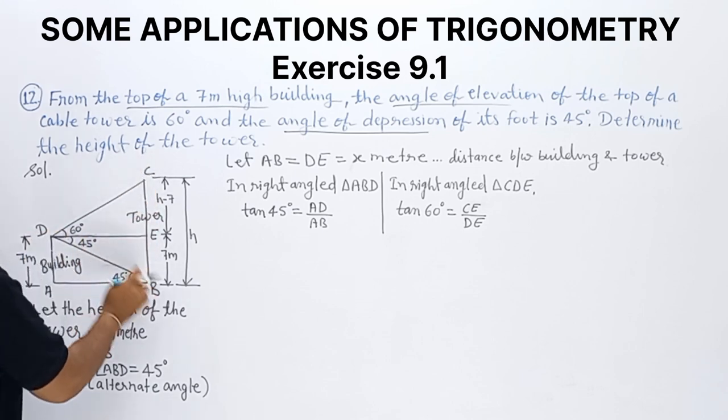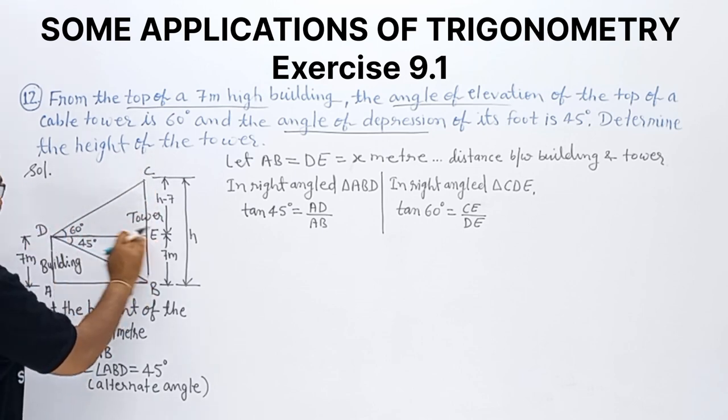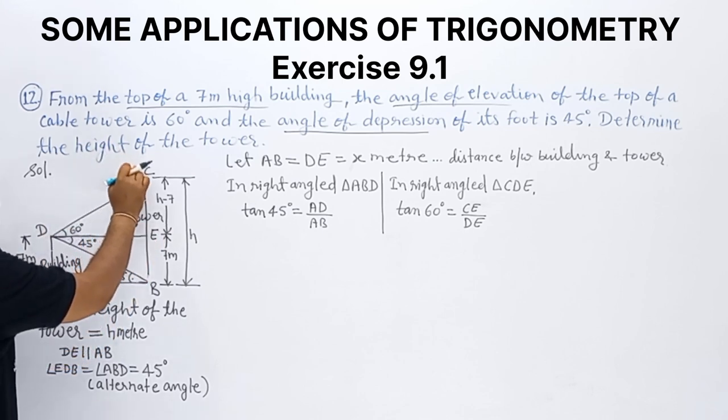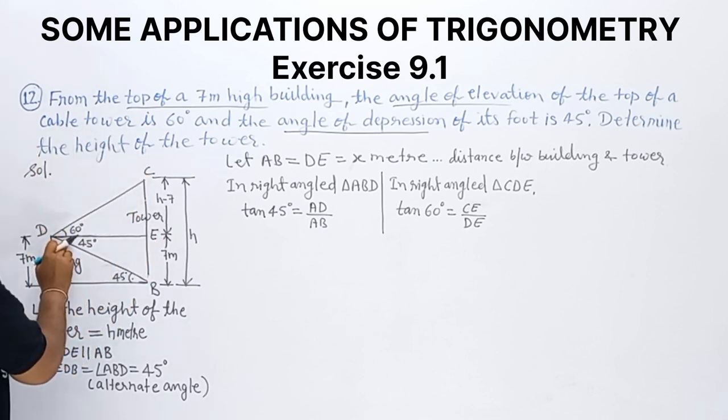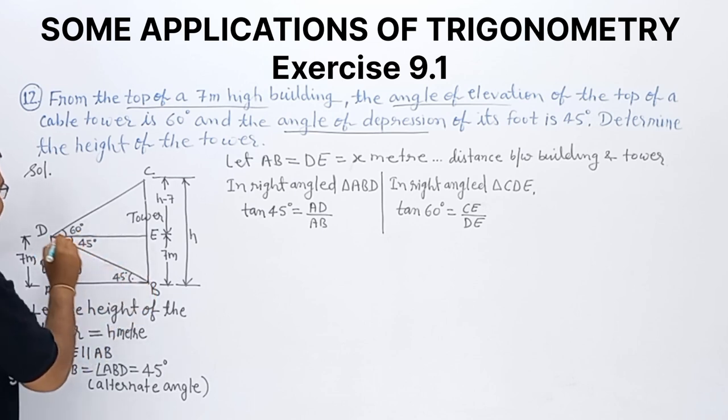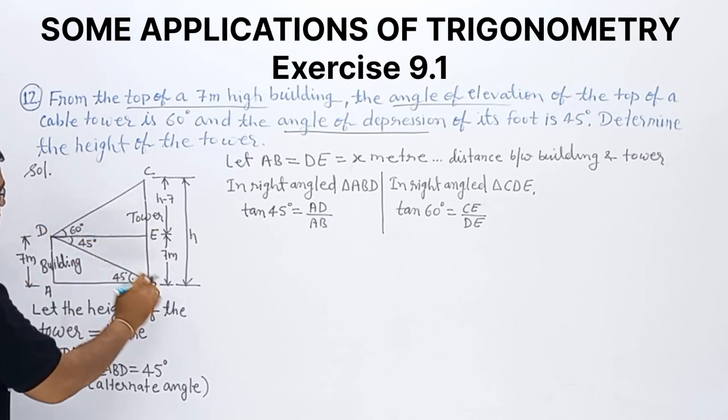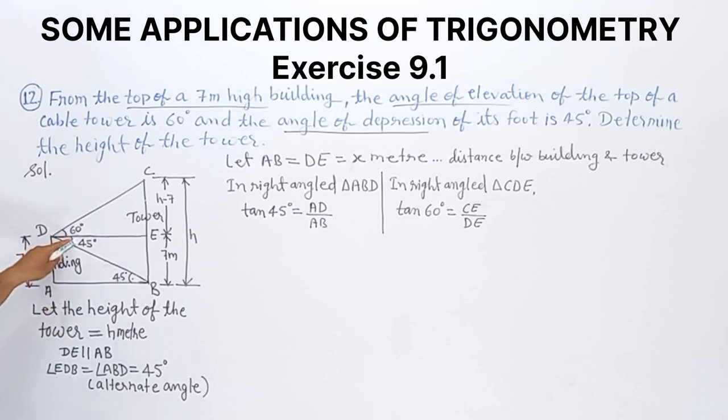DE is perpendicular to this one, so this is the horizontal line. We consider this the horizontal line, then we get the angle of elevation of the top of the tower, and we consider the angle of depression of the foot of the tower. Clear? This is perpendicular to the ground surface, and this line is parallel to that one, so this is the transversal, and alternate interior angles are equal. So this angle will be equal to this one.